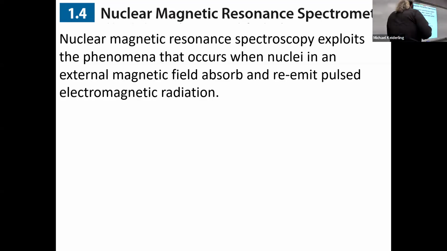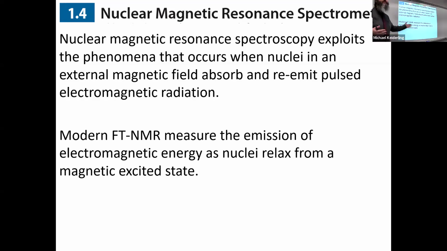You can get information on them. Modern NMR methods use Fourier transforms. So in Fourier transform NMR, you measure the emission of electromagnetic energy as nuclei relax from a magnetic excited state. And if you've ever had an MRI, you've been the sample in one of those, because MRIs are just imaging using NMR.